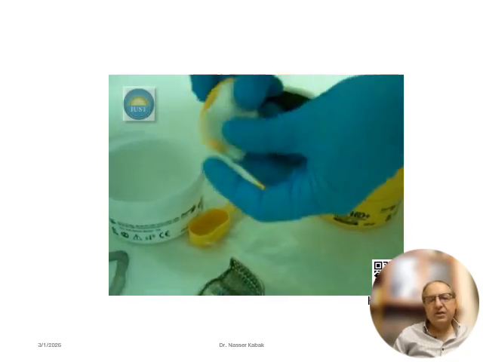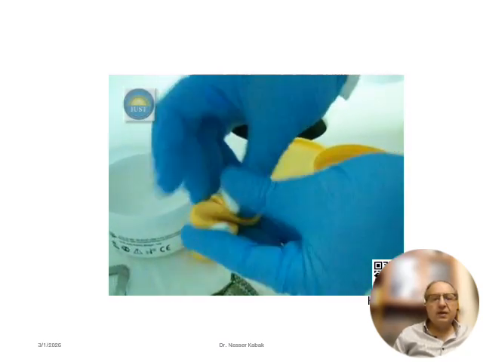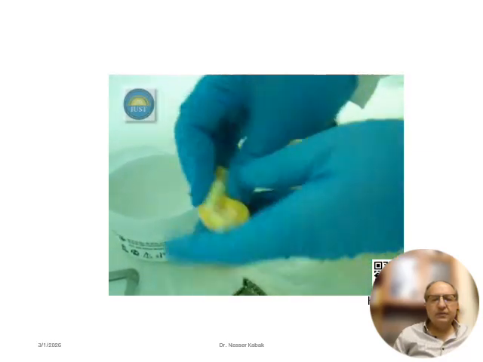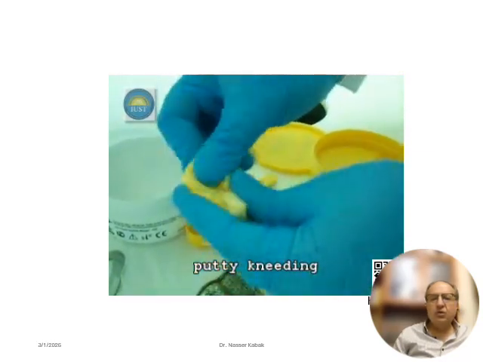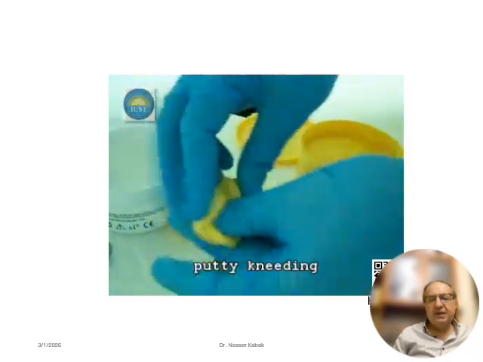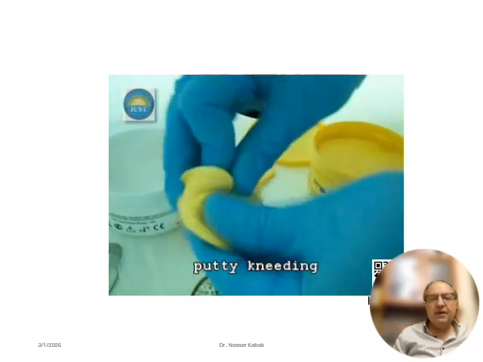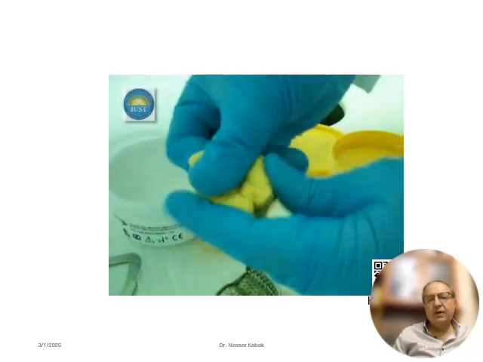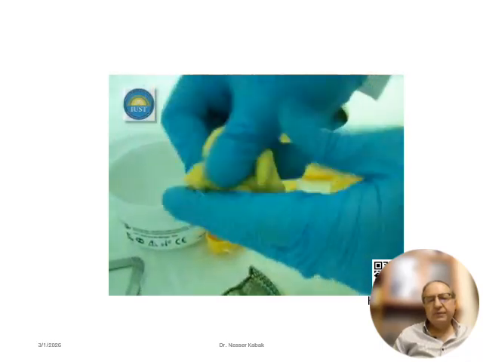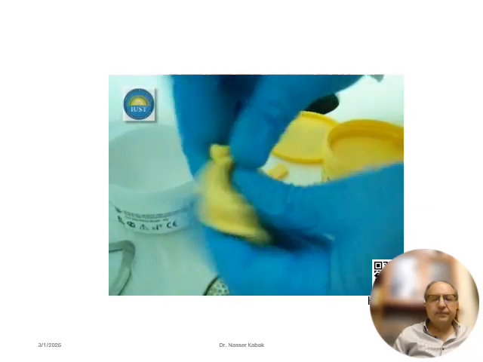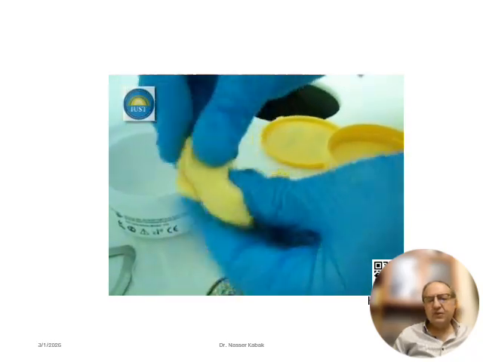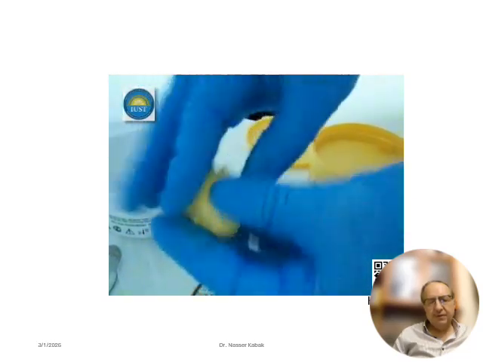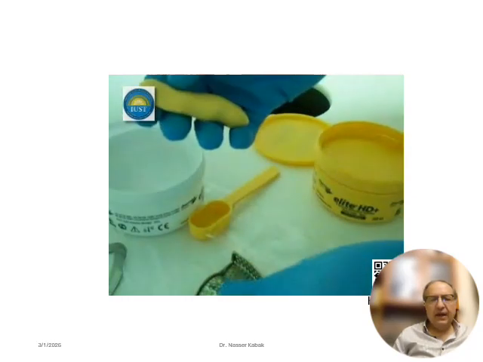Some clinicians prefer to use a spacer at this stage, and some of them prefer not to use a spacer. The spacer might guarantee the thickness of the flowable or the soft material, but if the soft material is not appropriate, it might run outside the area.